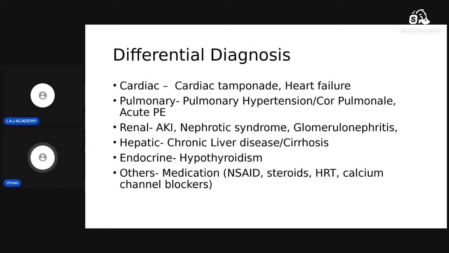So the differential diagnosis, there are quite a number that might present with similar symptoms. It could be cardiac in origin, like in this case, most likely acute decompensated heart failure or cardiac tamponade because of the elevated JVP and breathlessness.